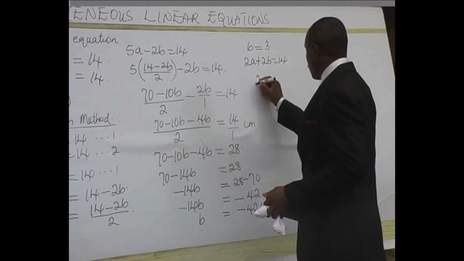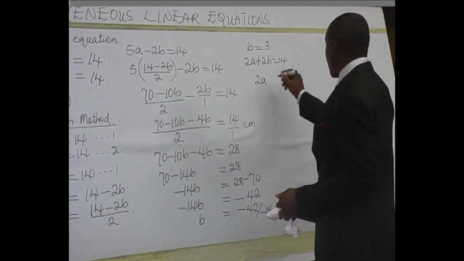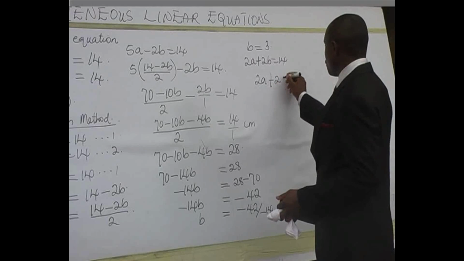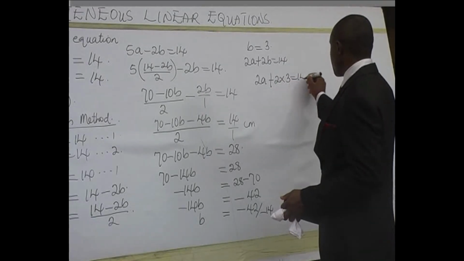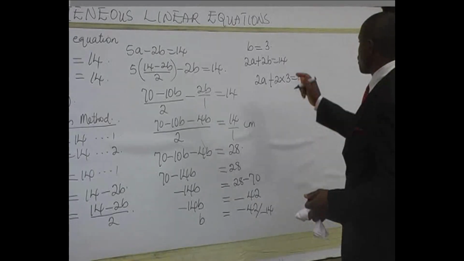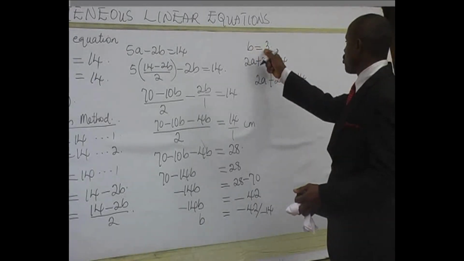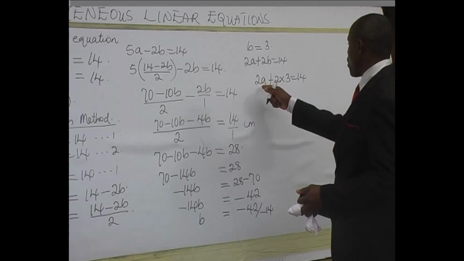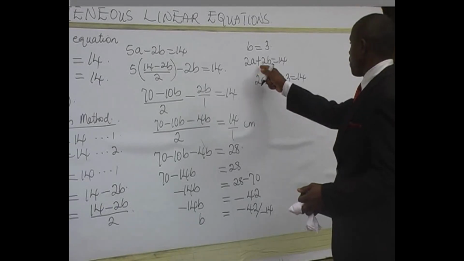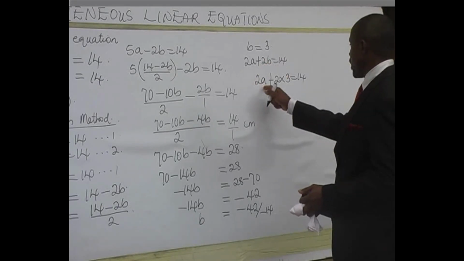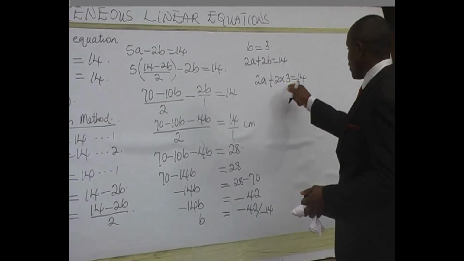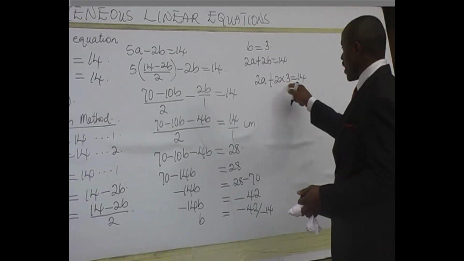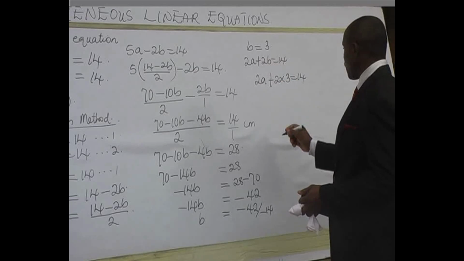So 2a plus 2 times 3 is equal to 14. We have substituted the value of b to be 3 in the equation. That was why, instead of 2a plus 2b, we got 2a plus 2 times 3, because 3 is the value of b.